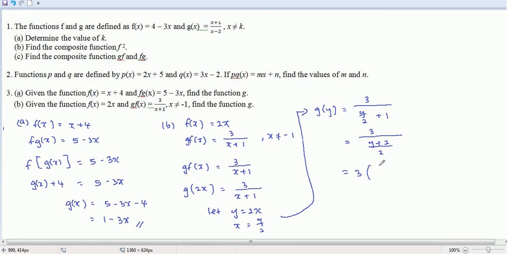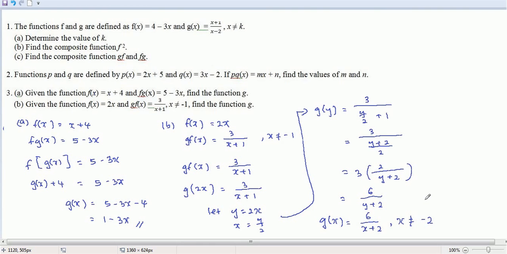You change it to multiply, you invert the fraction. Okay, then it will become 6 over y plus 2, and we rewrite the function again. Change the y to become x. Gx is actually equal to 6 over x plus 2, and x is not equal to negative 2.